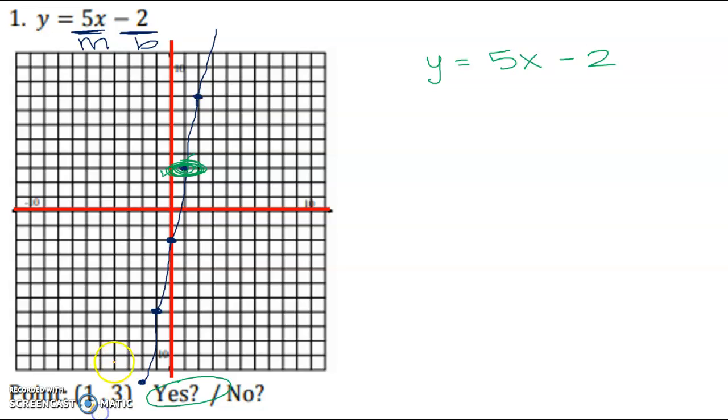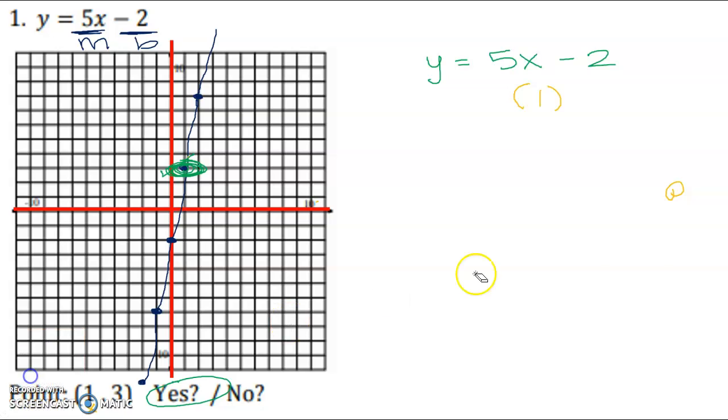So anywhere in our equation that we see an x, we're actually going to change it and substitute in the value of 1. So instead of an x, we are going to substitute the value of 1.